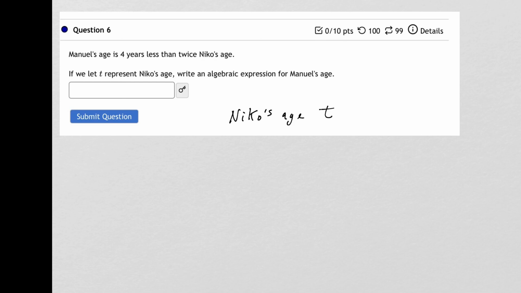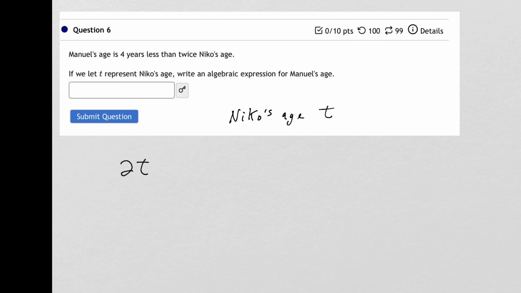And we're told Manuel's age is 4 years less than twice Nico's age. So I first have to do twice Nico's age. Well, that's going to be 2 times T, right? So if Nico's age is 10, twice that would be 20, 2 times 10.